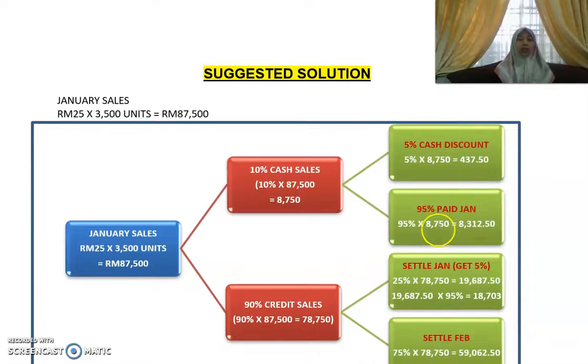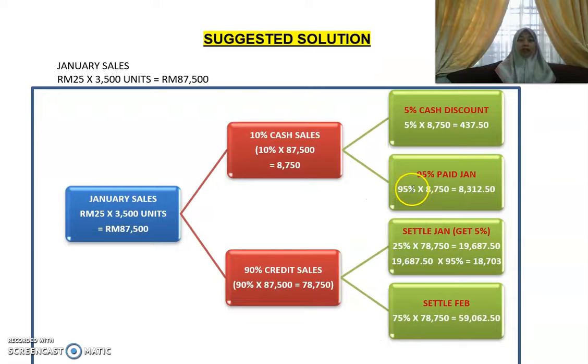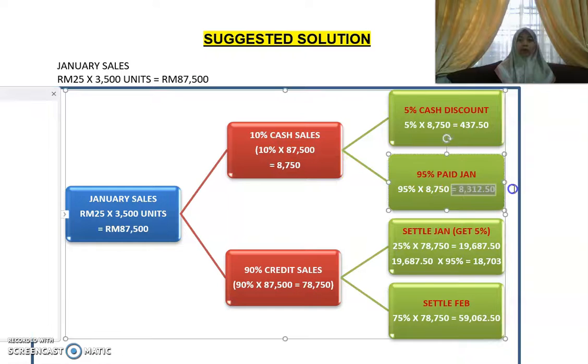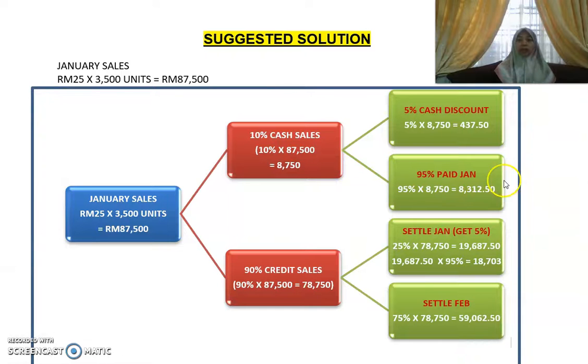How much do you get? 5% is already given as a discount, so the remaining will be 95%. 95% times your cash sales just now, 8,750, you will get 8,312.5. This is the amount that you are going to receive for cash sales in January.